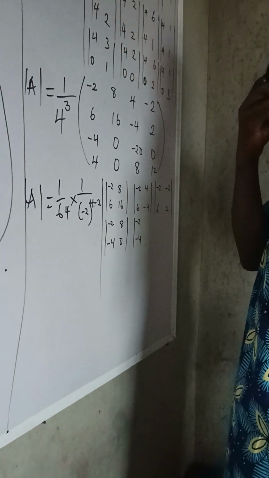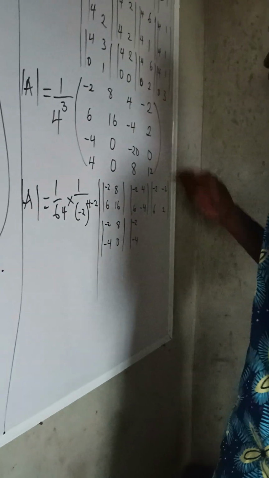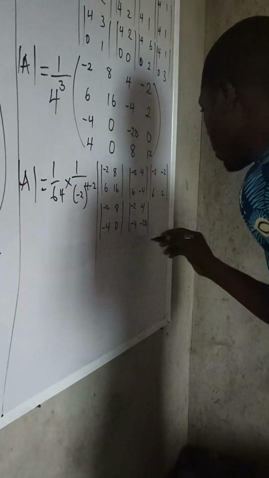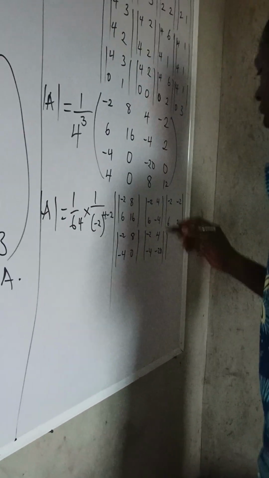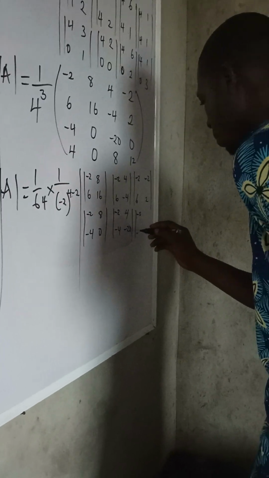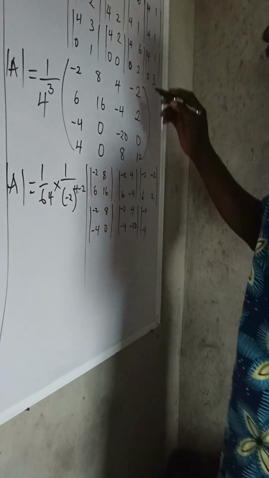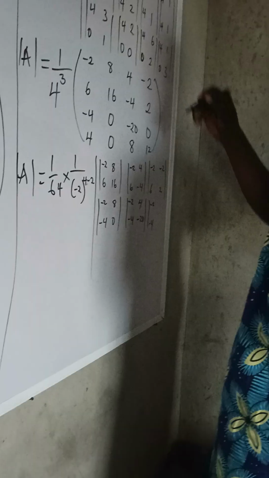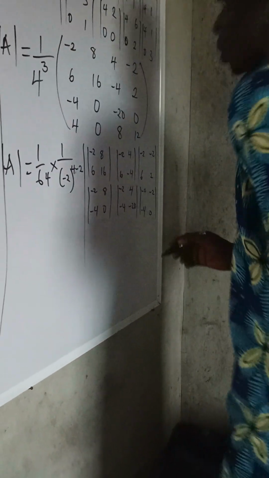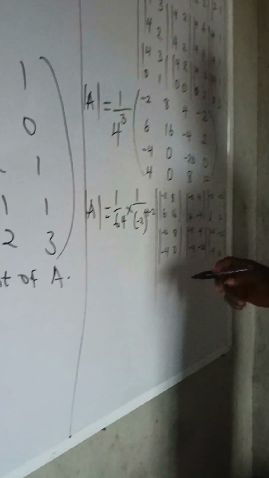Then we have 4 and minus 20. Then we have minus 2, minus 4. And then lastly, we have minus 2 and 0. Minus 2, 0. Now let's do the last part.